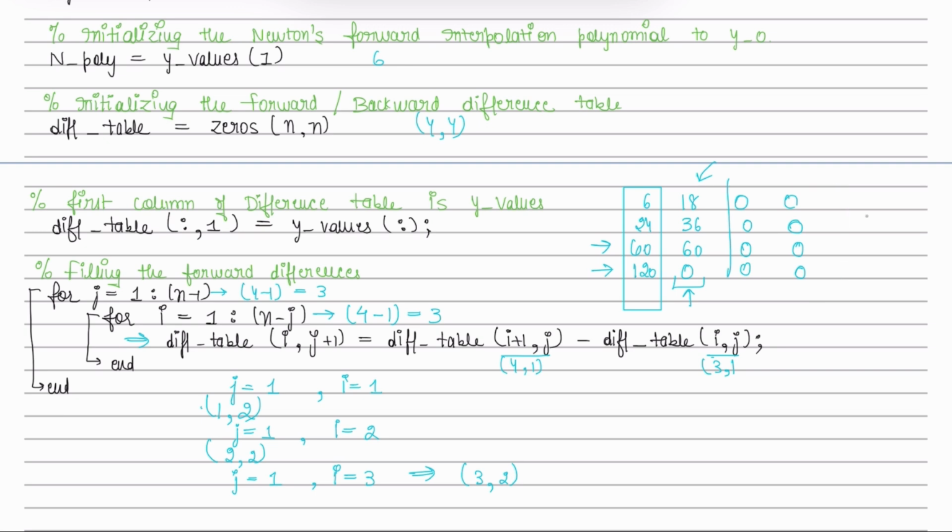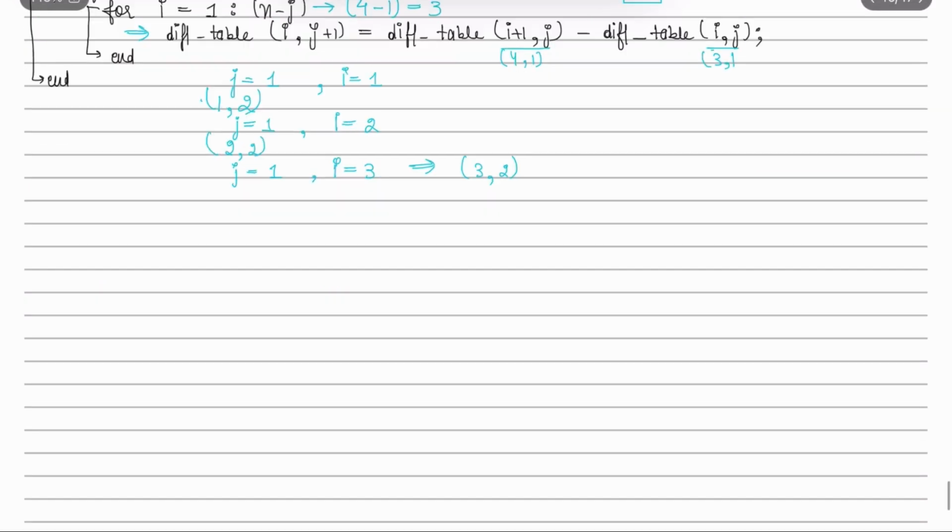For printing the final value of this table, we can use the display function: the forward and backward table is, difference_table.